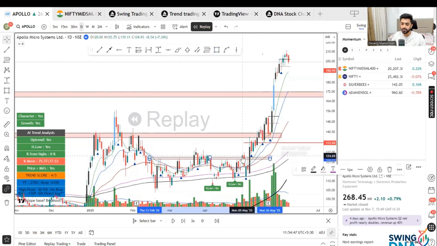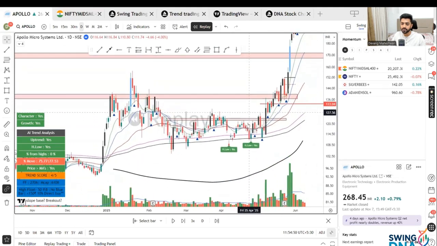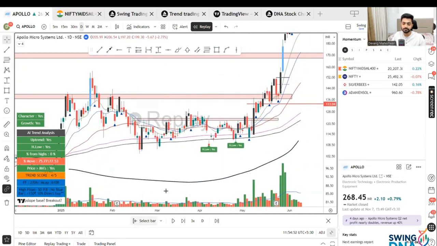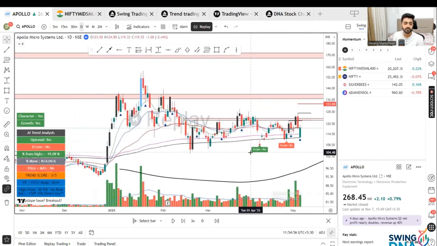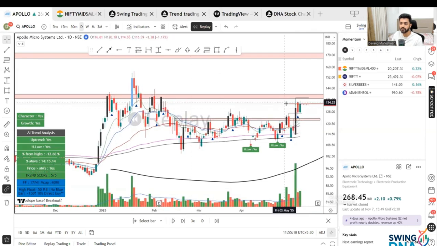This is 124 rupees. Okay, now here, this was a lower low, 1-2 days sideways, and breakout, it got filled instantly. So here it got filled instantly, and this one was then fine.